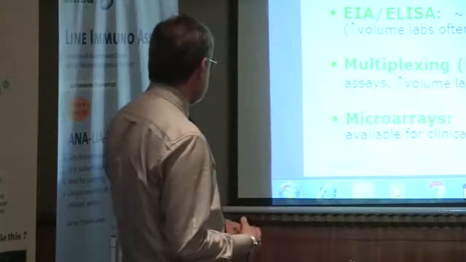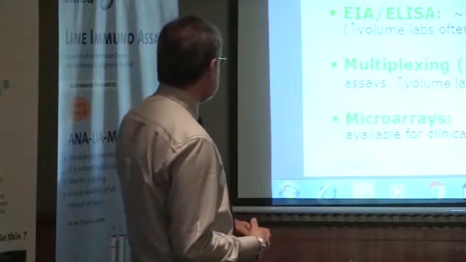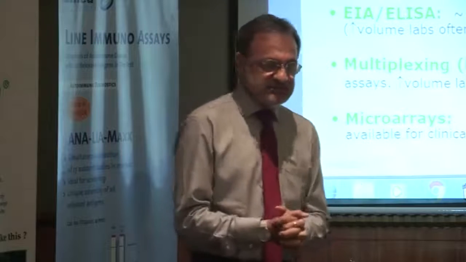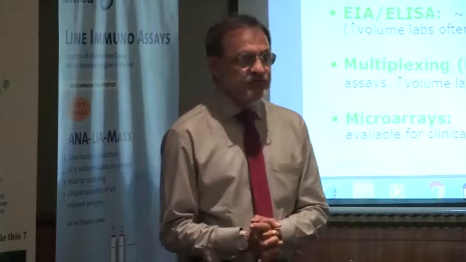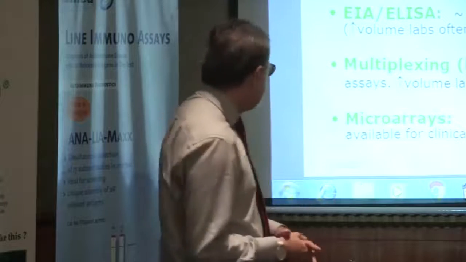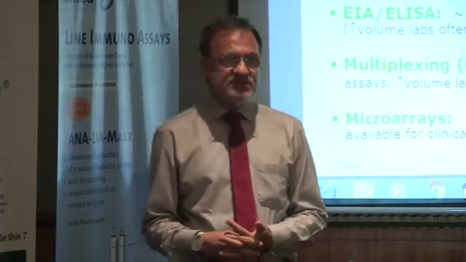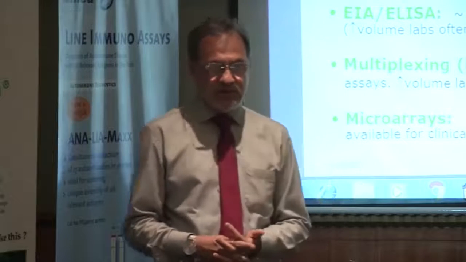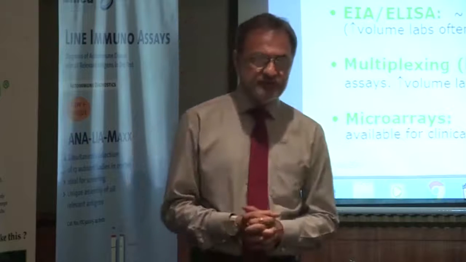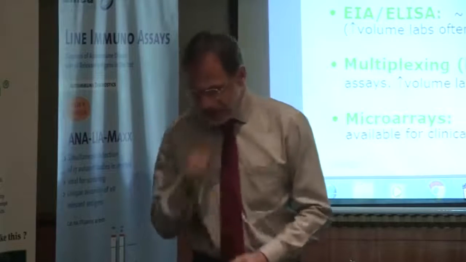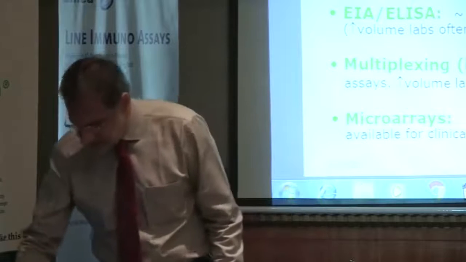An increasing number of labs are now performing multiplexing, which is around 10%. Multiplexing is done on Luminex or flow cytometry. And the final one is microarray, which is the latest, but still under research use only. So it is not for diagnostics at the moment, not marketed for diagnosis.